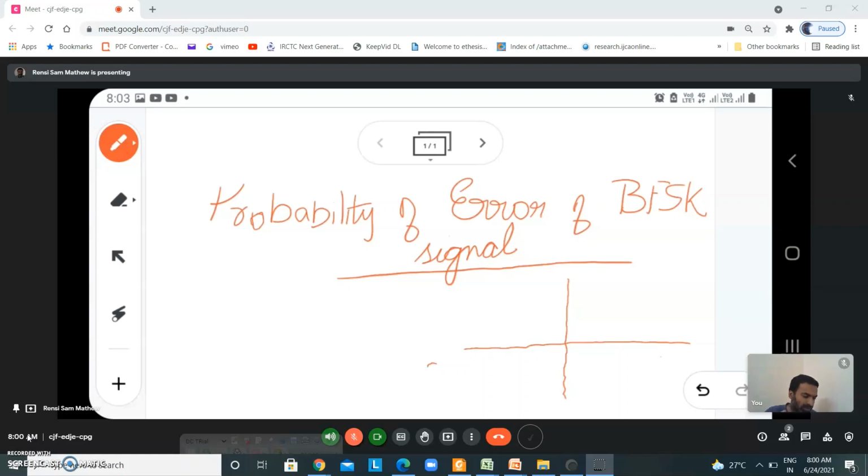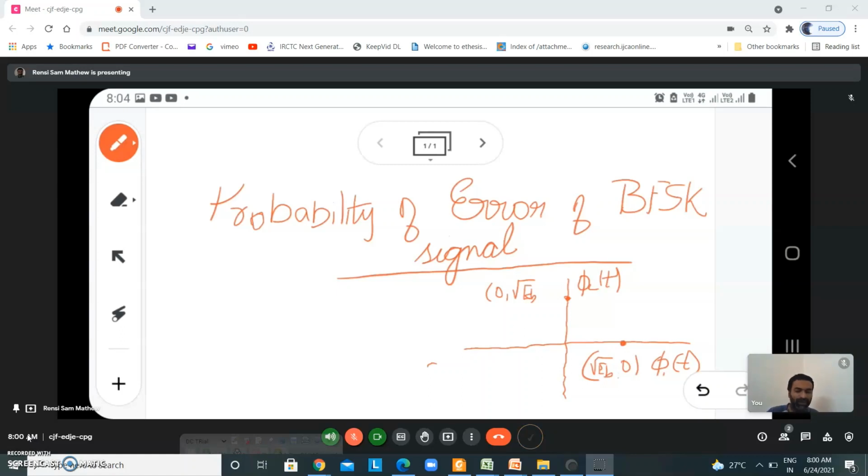So there are two axes, phi1 of t and phi2 of t. And remember the points. It was square root of EB comma 0 and this point is 0 comma square root of EB.